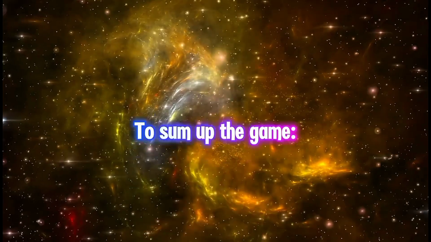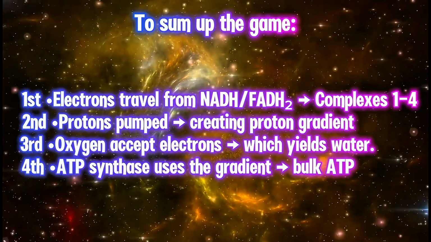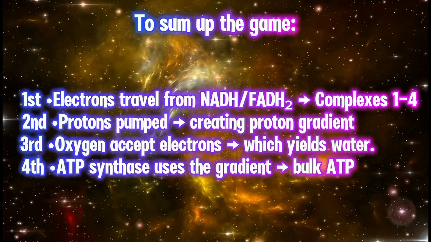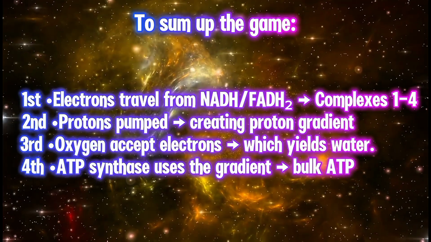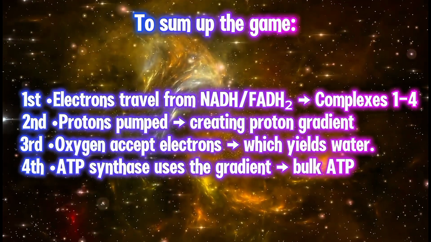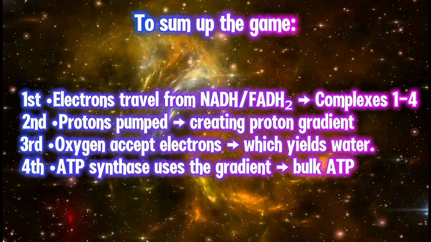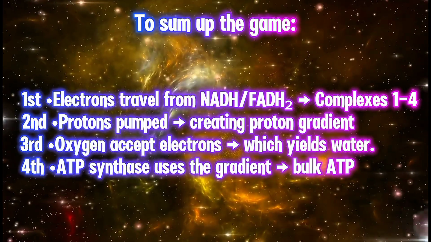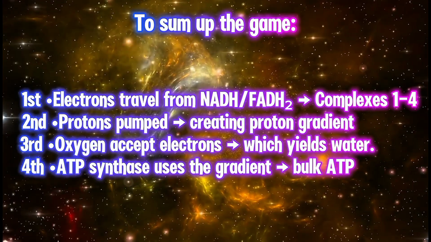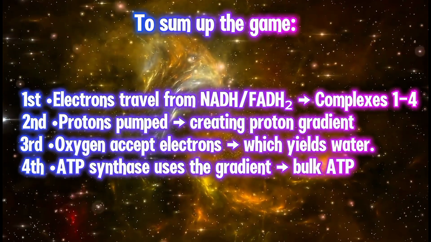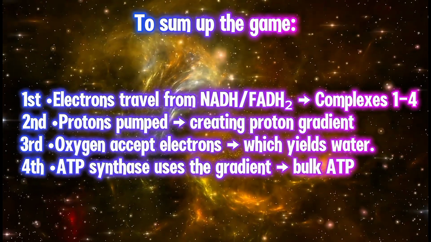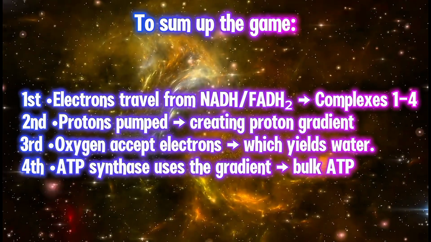To sum up the game, first, electrons travel from NADH or FADH2 through complexes 1 to 4. Second, protons are pumped, creating a proton gradient. Third, oxygen accepts electrons, which yields water. And lastly, ATP synthase uses the gradient to build ATP.